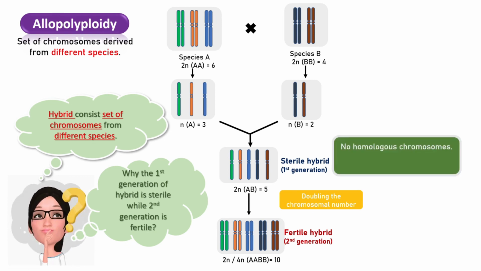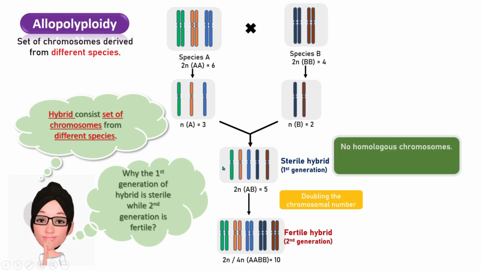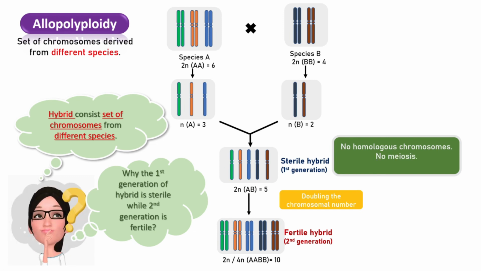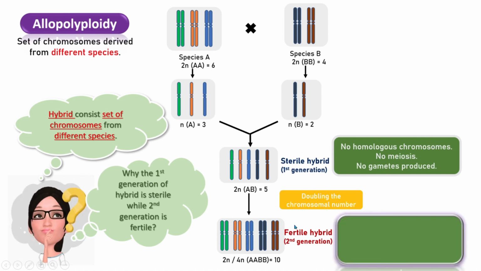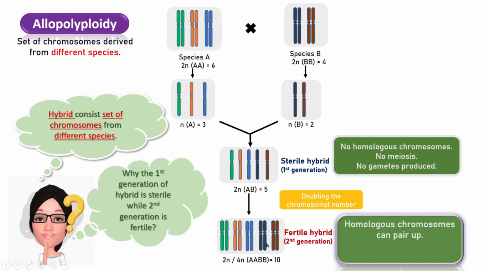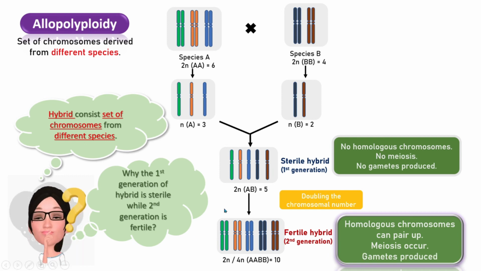A sterile hybrid has no homologous chromosomes. Hence, it cannot undergo meiosis. Hence, no gametes can be produced by a sterile hybrid. While after doubling the chromosomal number, the fertile hybrid now has homologous chromosomes. Meiosis can occur and gametes can be produced. So, the hybrid in the second generation is fertile.